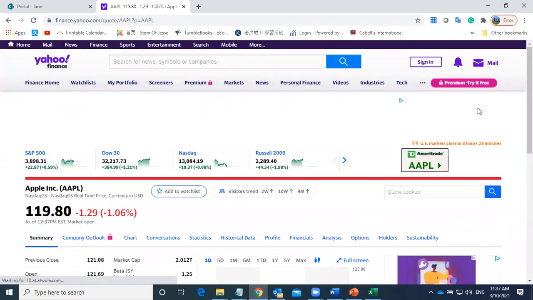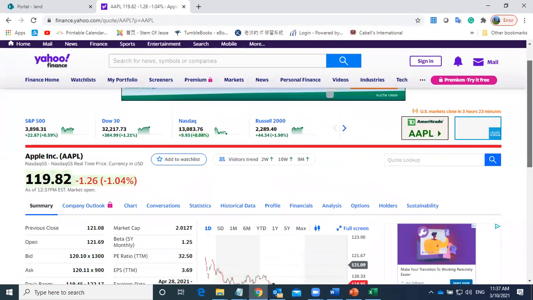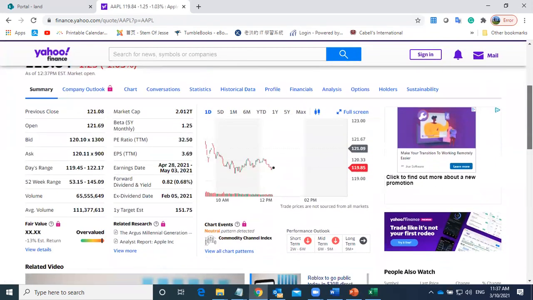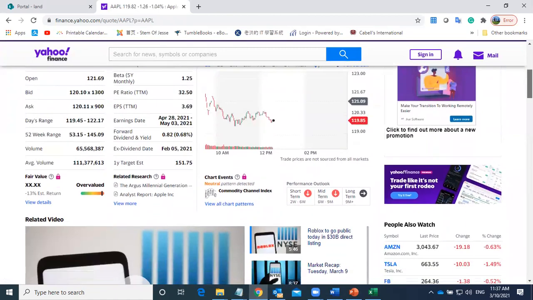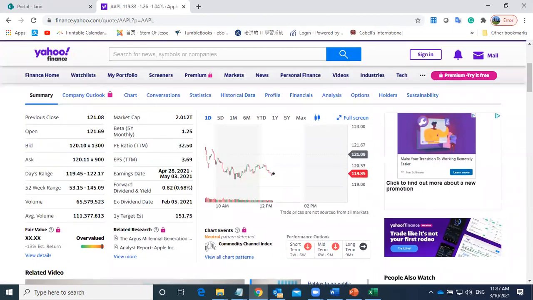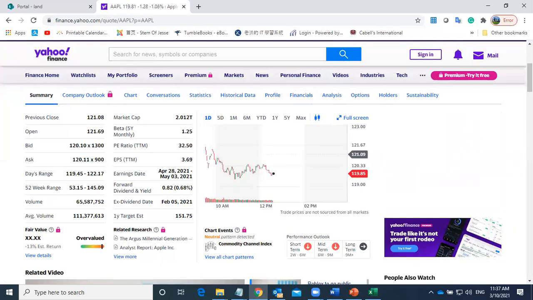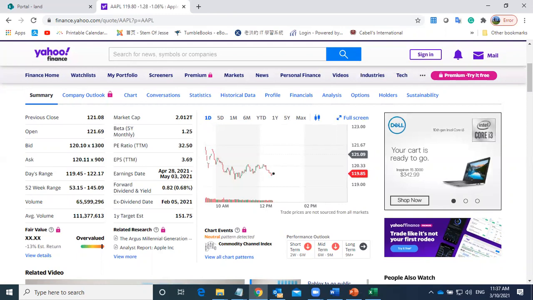When you pick up Yahoo Finance and click on any stock, they will tell you the beta.